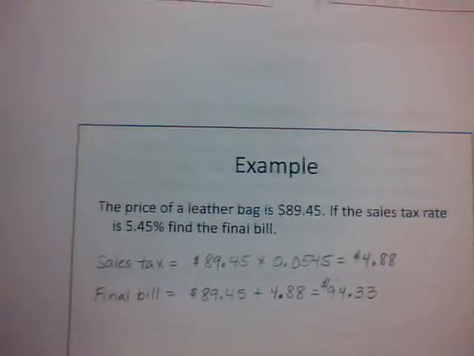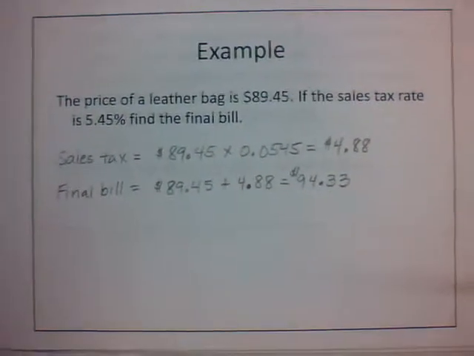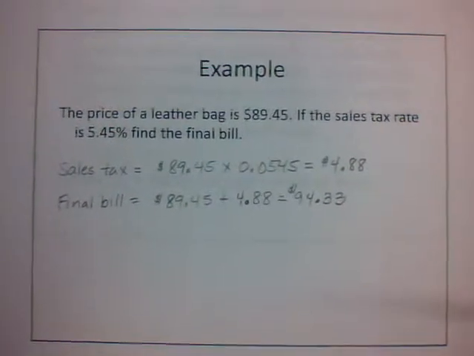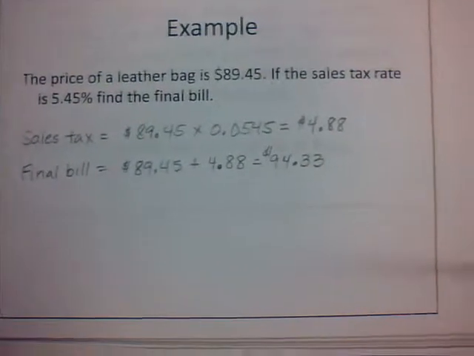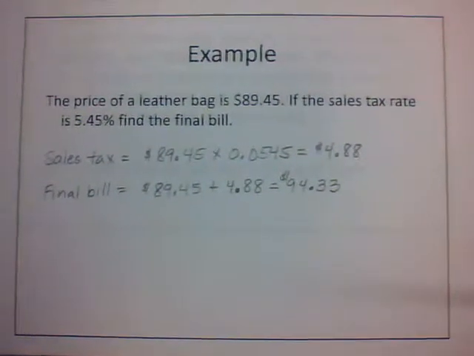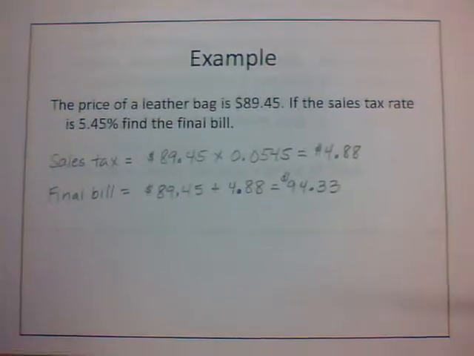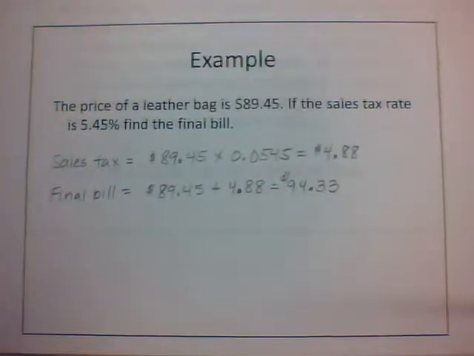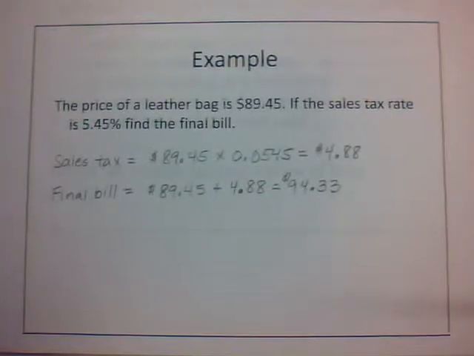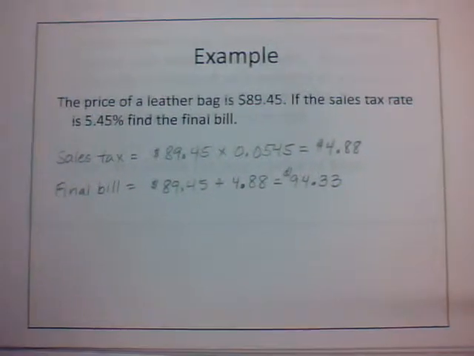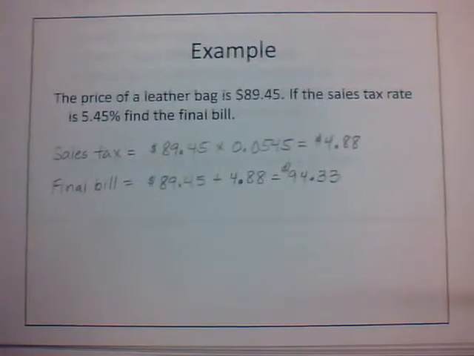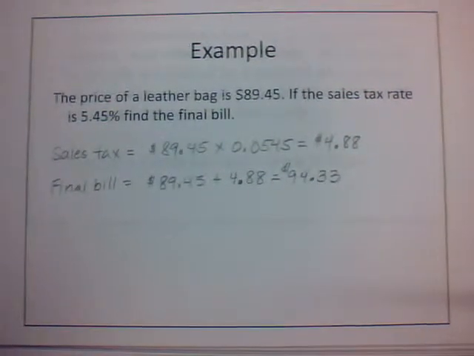All right, now let's take this a little bit further. Let's say we want to find the final bill. In this case, the price of the leather bag is $89.45. If the sales tax rate is 5.45%, find the final bill. In this case, the sales tax is $89.45 times 0.0545.